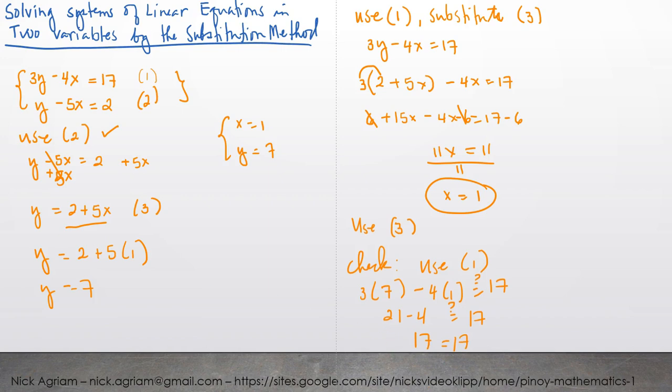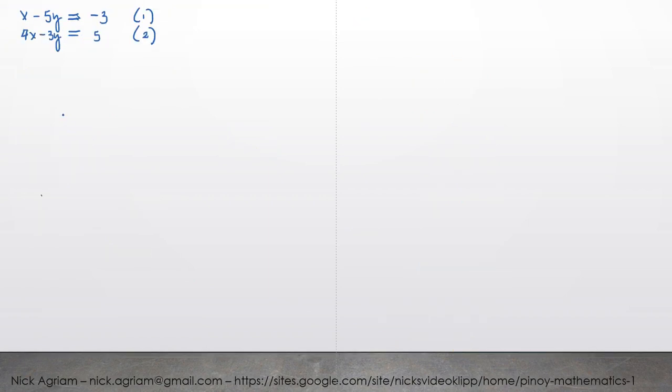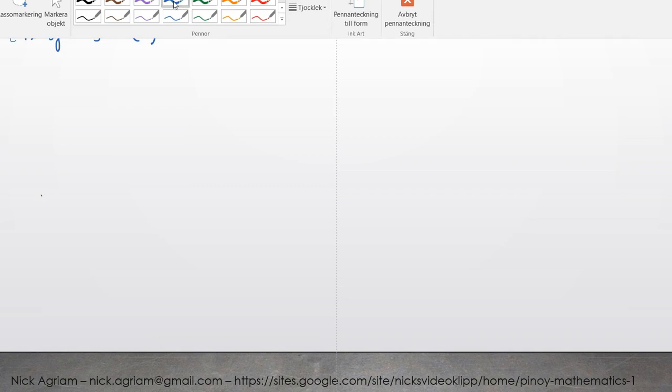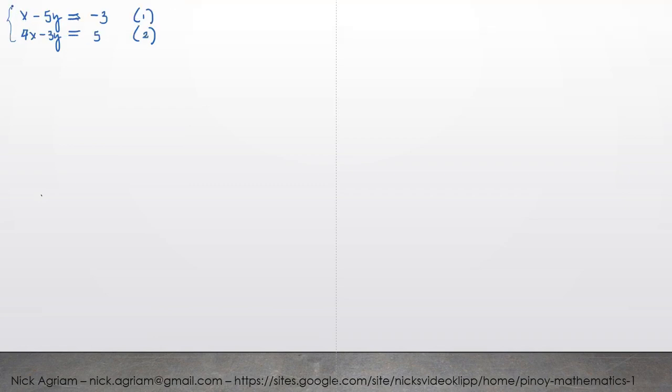Okay, we'll try another example: x minus 5y is equal to negative 3, and x minus 3y is equal to 5. Those are my equations 1 and 2.